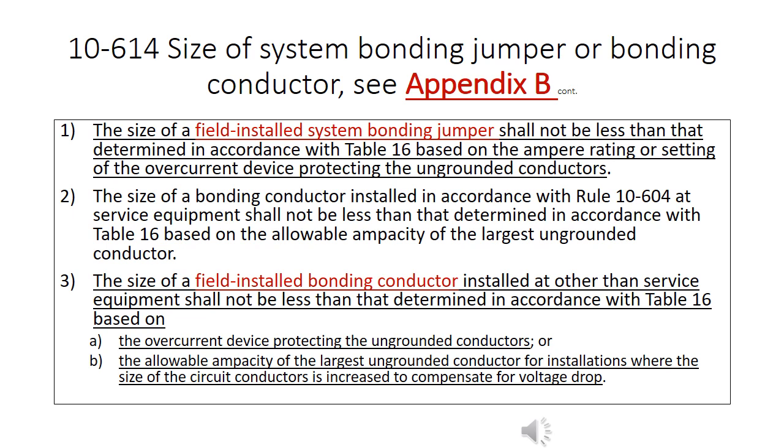10.614 Subrule 1 states that a field-installed system bonding jumper is determined in accordance with Table 16 and based on the amp rating or setting of the overcurrent device. 10.614 Subrule 3 states the size of a field-installed bonding conductor installed at other than service equipment shall be not less than that determined in accordance with Table 16 based on A, the overcurrent device protecting the ungrounded conductors.